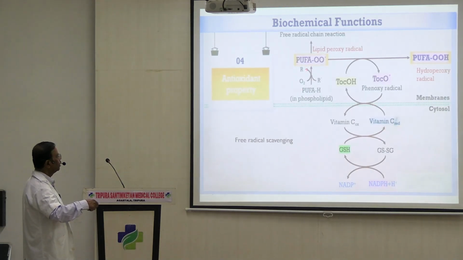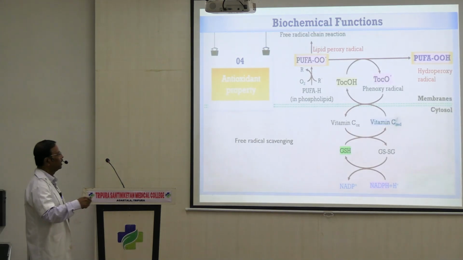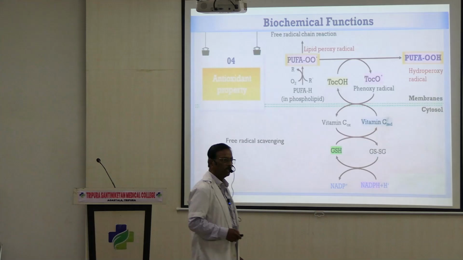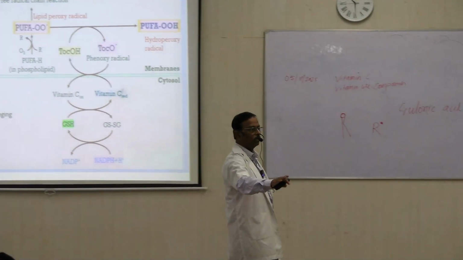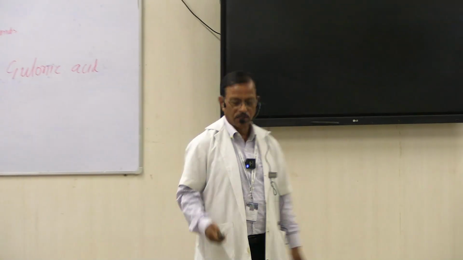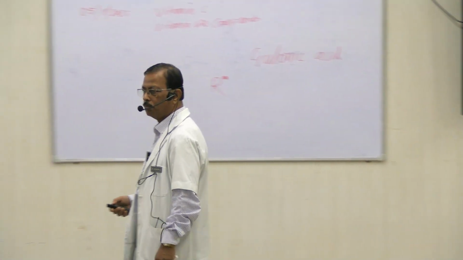The lipid peroxyradical is also again an offending agent for the cell membrane. It will go on oxidizing the other PUFAs.